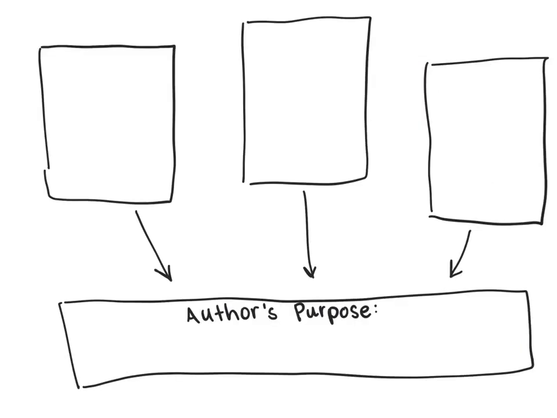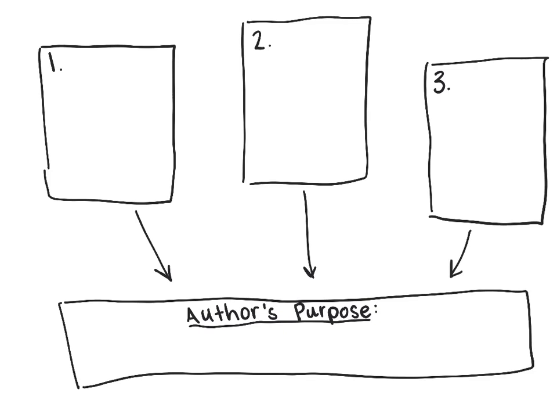So I'm going to have you make your own chart like this, like how I did at the beginning. Take out a piece of paper and you can draw this graphic organizer. You're going to flip back through the book or rewatch this video of the read aloud, and find three things from this text that help support and tell us our author's purpose.